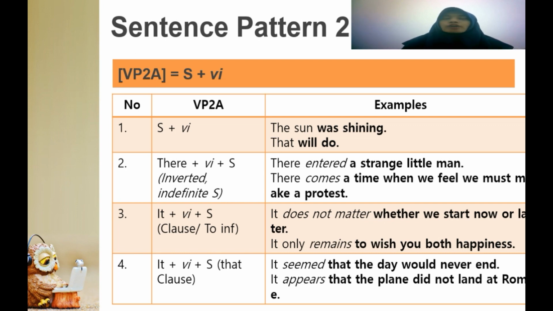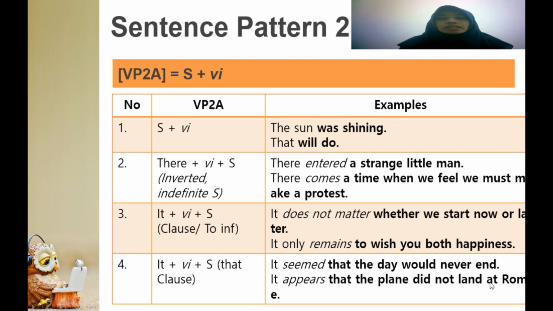So we have there, and then we have the verb, and then we have the subject. So I have mentioned it before. For example, there entered a strange little man. So the subject here is indefinite, a strange little man, because it can be any man. And then before that we have the subject, the preposition there, and then the verb entered.